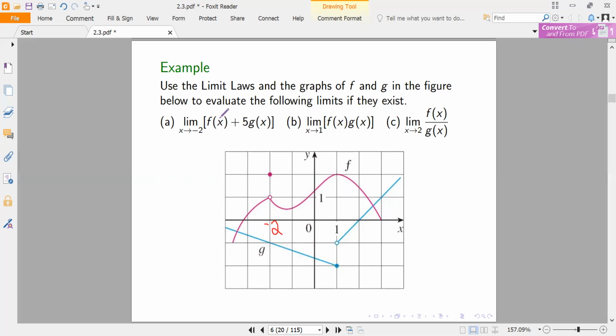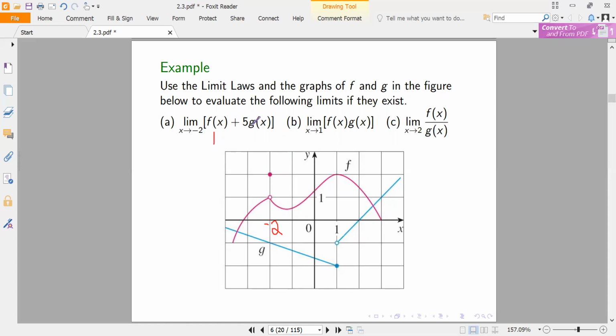So we evaluate f of x plus g of x. Looking at f, remember that the law said when evaluating the sum, you can evaluate them individually. When you look at f, f is approaching 1. You can see from here, both from the left and from the right, the y value is approaching 1.